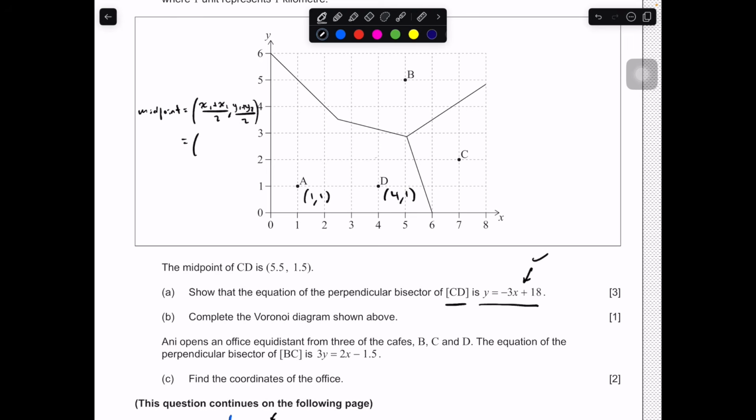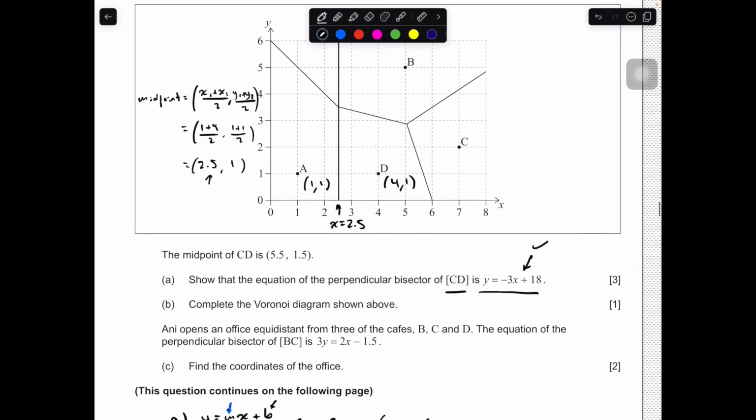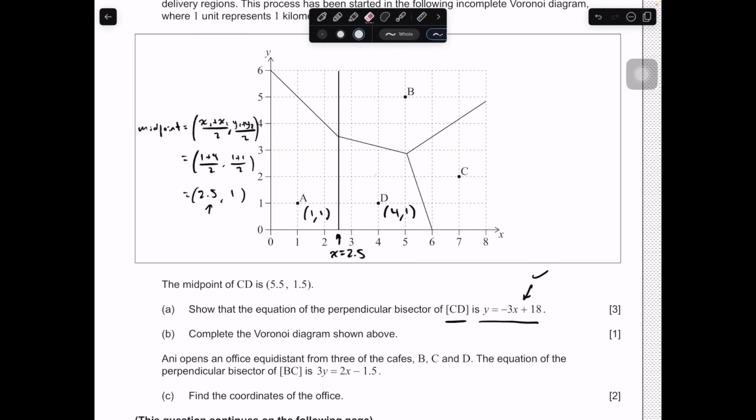In this case, we have 1 plus 4 over 2, and that's actually all we're going to need, and then 1 plus 1 over 2. So our midpoint is going to be 5 over 2, or 2.5, and this is just going to be 1. The x value we're concerned with is x equal to 2.5. So to complete the Voronoi diagram shown above, we just have this line at x equal to 2.5, and I think I extended it a little too far, only going up to there.